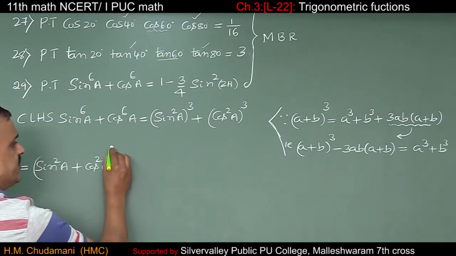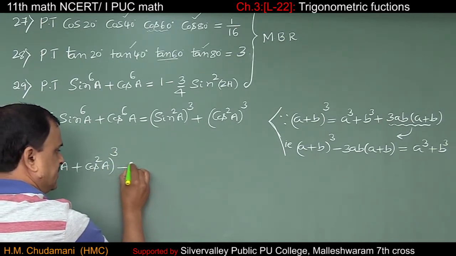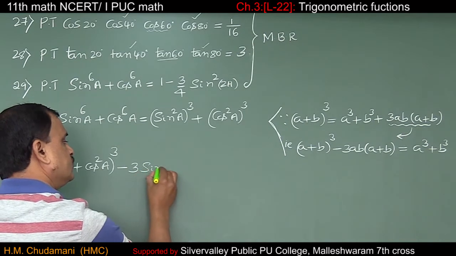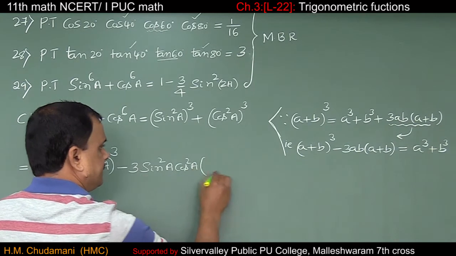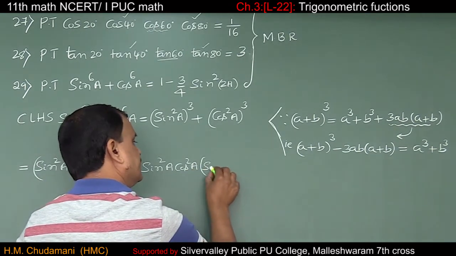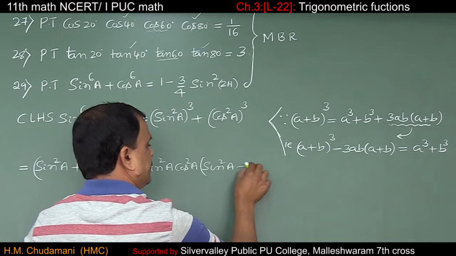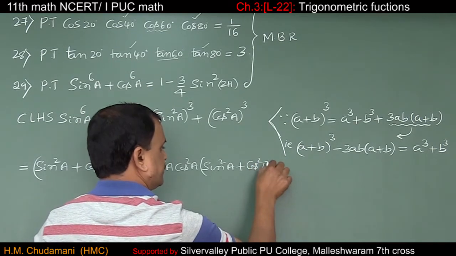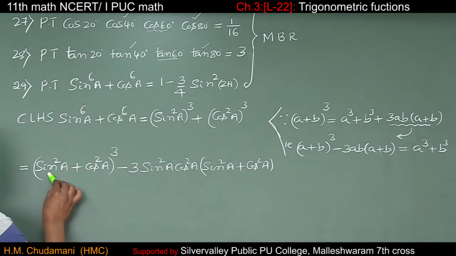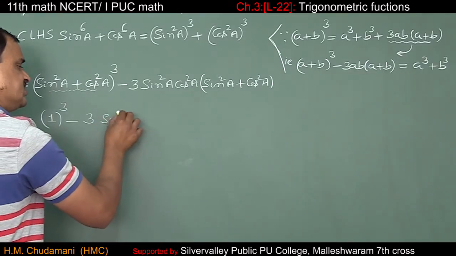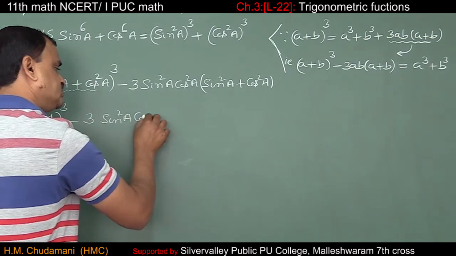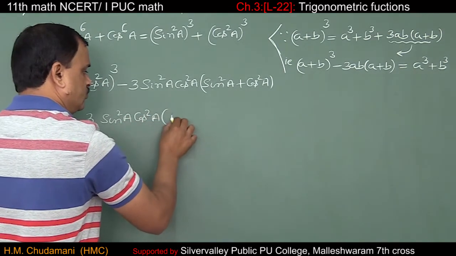(A plus B) the whole cube minus 3 into sine square A into cos square A into (A plus B), where A plus B means sine square A plus cos square A. See, we have the identity sine square theta plus cos square theta is 1, so 1 cube minus 3 into sine square A into cos square A into 1.